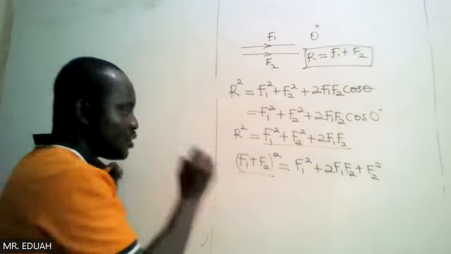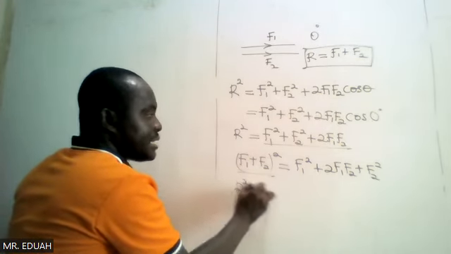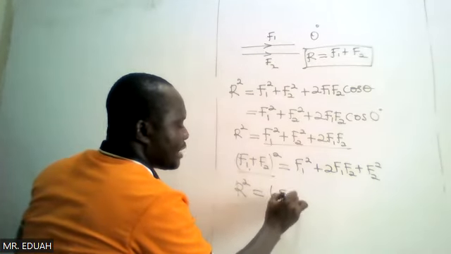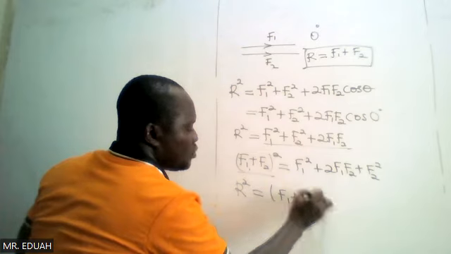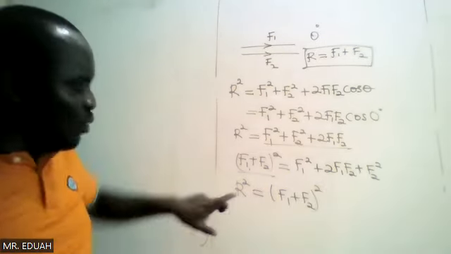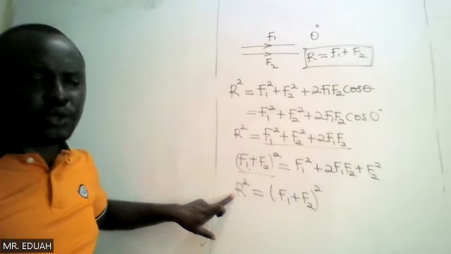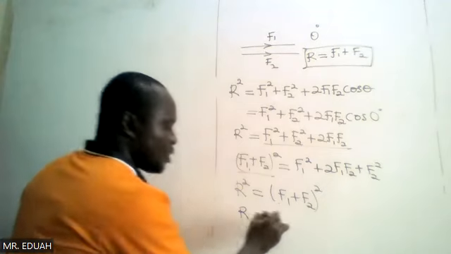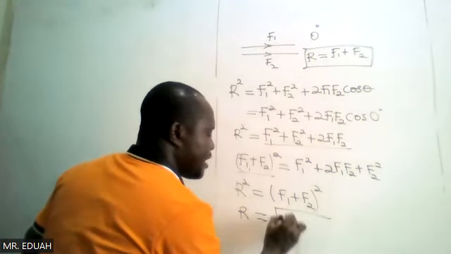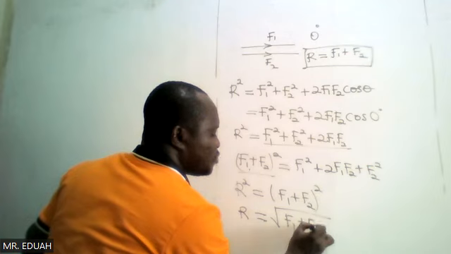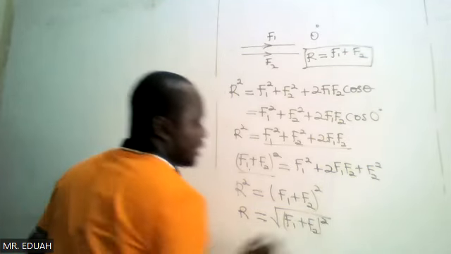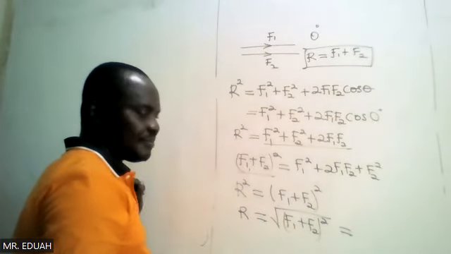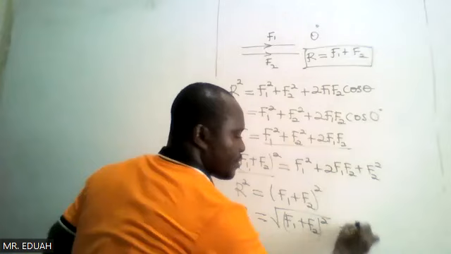So you have R squared is equal to, since this is the same as this, F1 plus F2 all squared. I want R, not R squared. How do I get R? Take the square root. So R is equal to F1 plus F2.